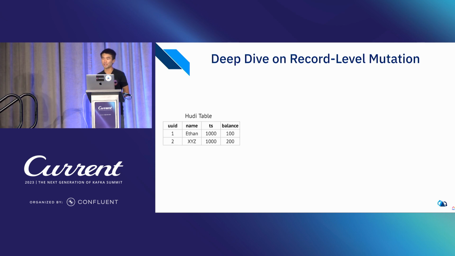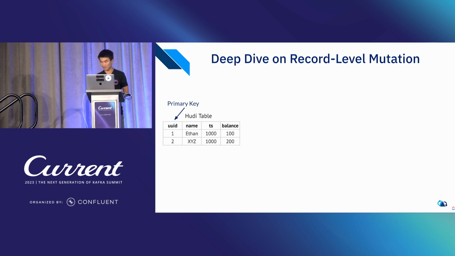Let's say we have a table that stores bank accounts, and each entry has the UUID, the name of the account, the last updated timestamp, and the balance. Just like other databases, Hudi requires the primary key field to be specified by the user so that Hudi can identify unique records.